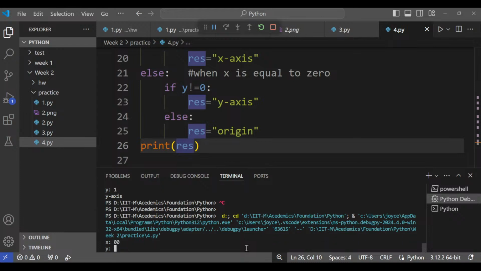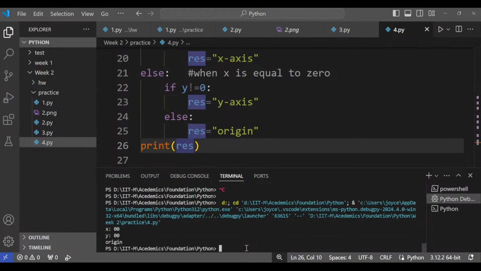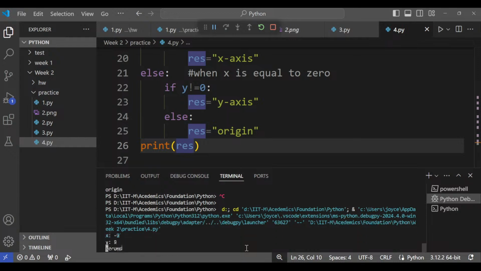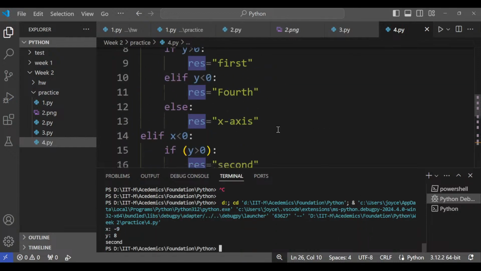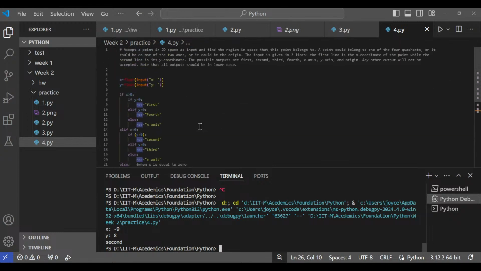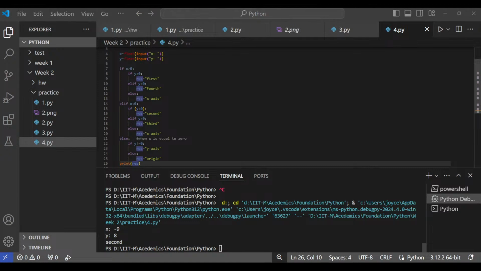And then 0, 0, origin, very true. Minus 9 and 8, second quadrant. Yep, this program works completely fine. So what do you think of it? So after this, let's go to the next one. Just a second, please.